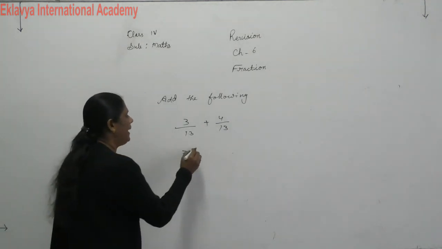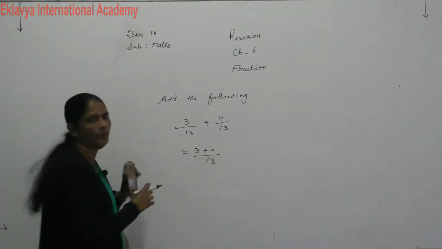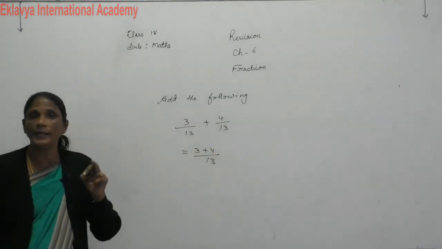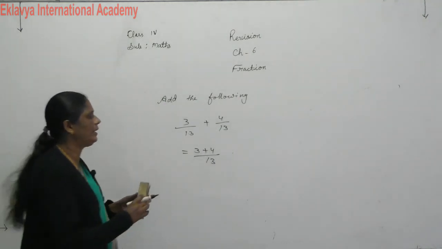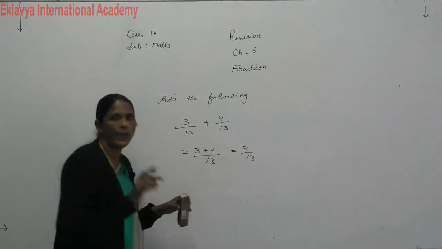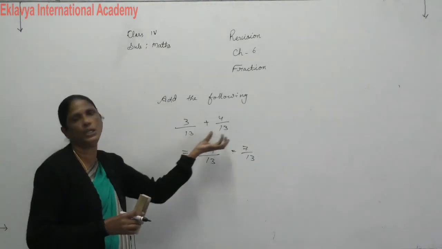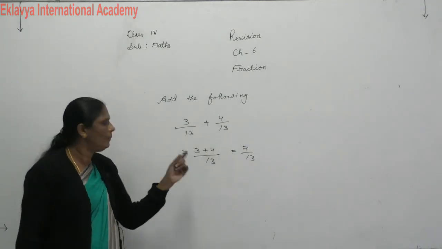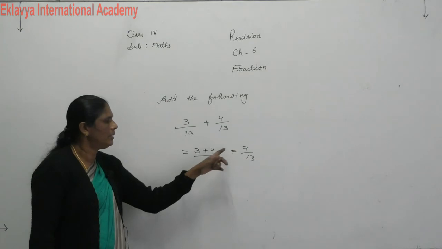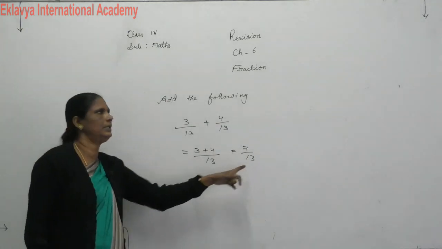Therefore you add 3 plus 4 upon 13. You don't add the denominators, only you add the numerators. What is our answer? 7 by 13.